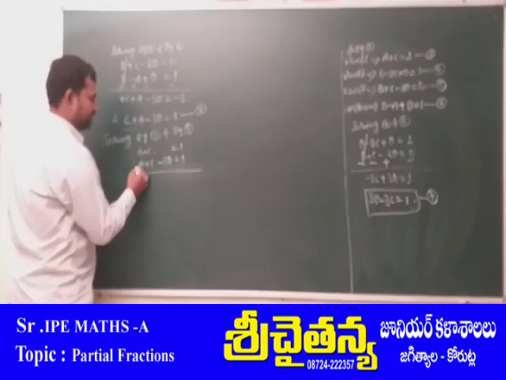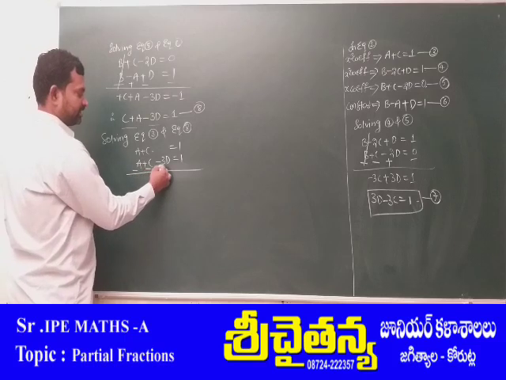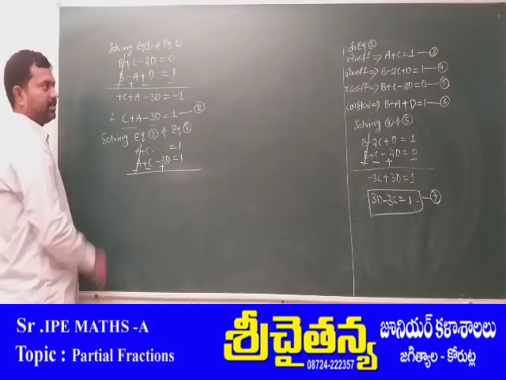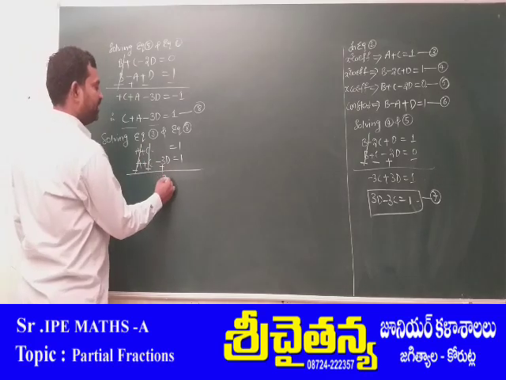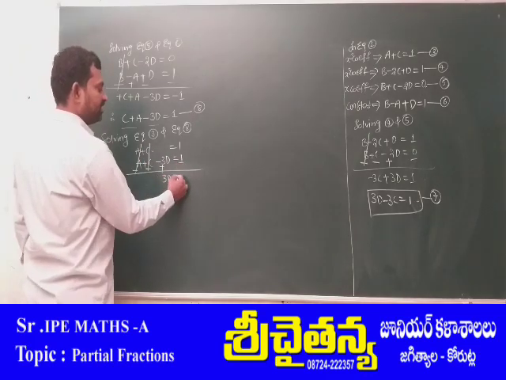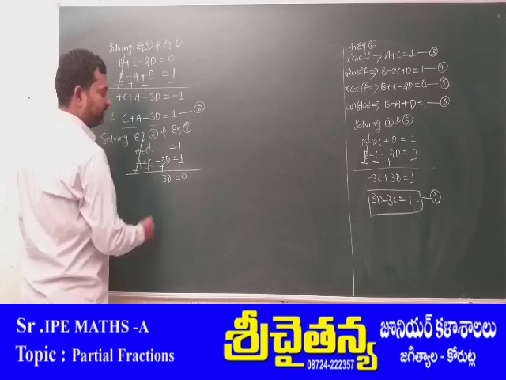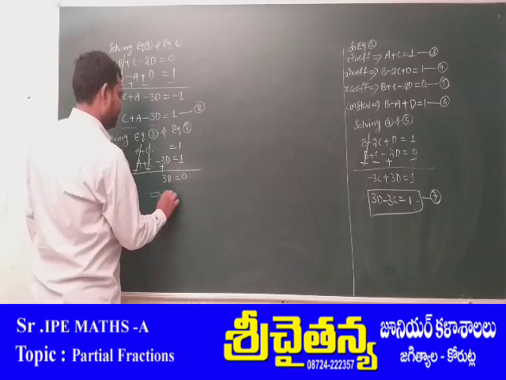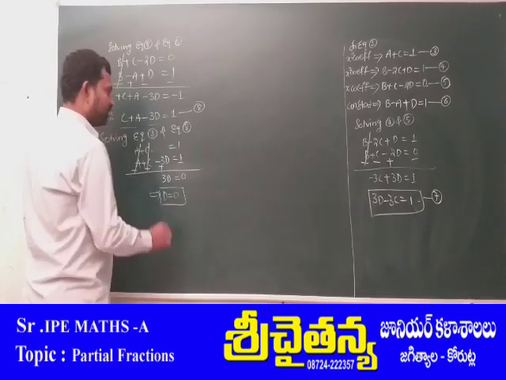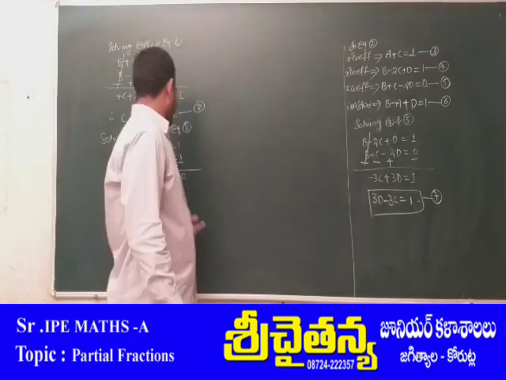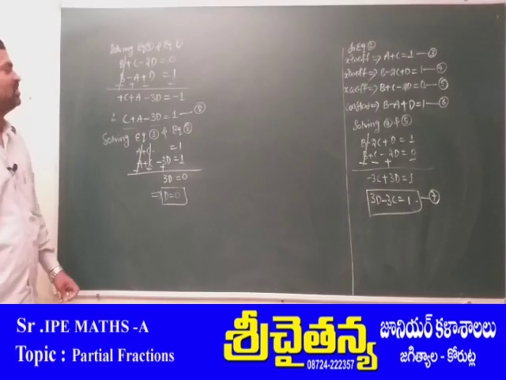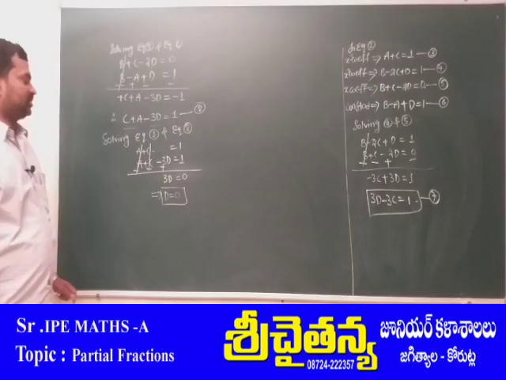Now change the signs: a minus a cancels, c minus c cancels, minus 3d, with the sign changed, gives d is equal to 1 minus 1, which is 0. That implies d is equal to 0. We have constants a, b, c, d, and here we get the value d is equal to 0.